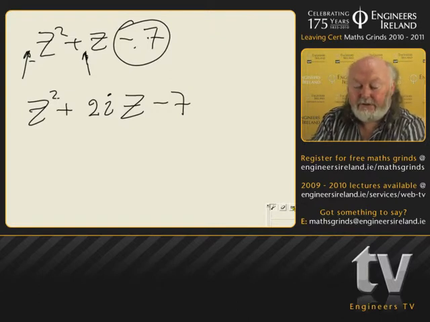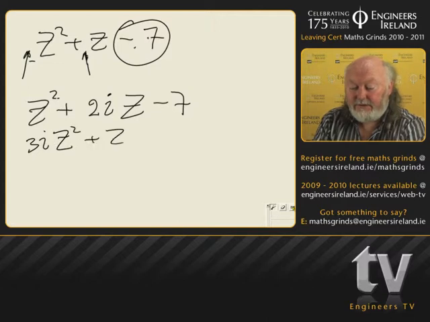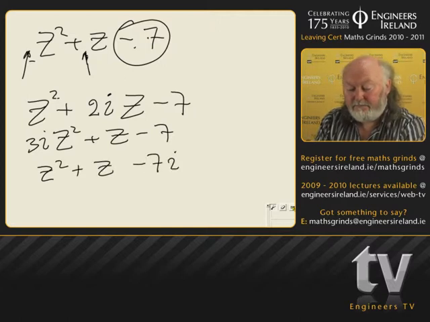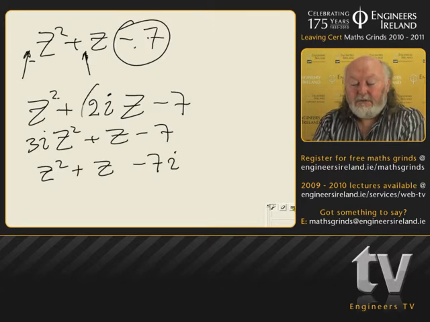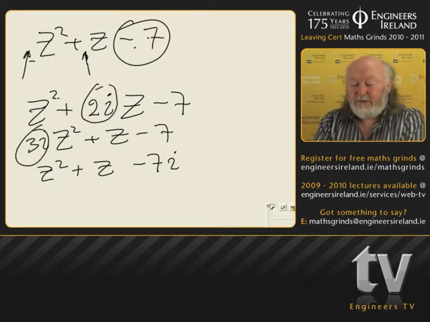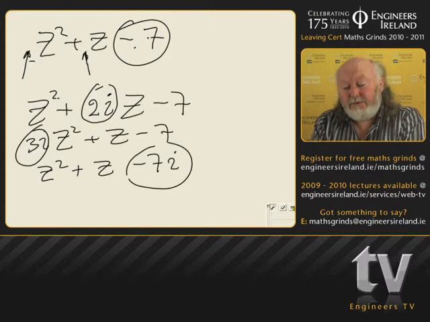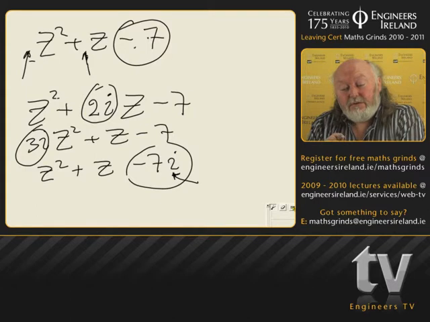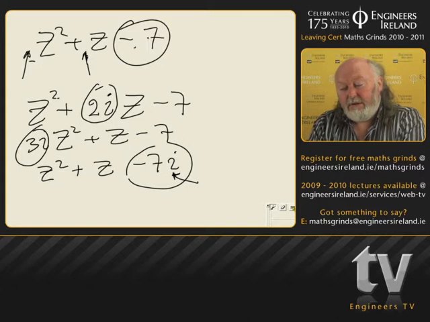In that equation, or if I had 3iz squared plus z minus 7, or this kind of one, what you'll notice is that any of the coefficients, if you've got an i in it, it means that the solution to this, the roots of it, will not be a conjugate pair. There's a very simple proof to this.